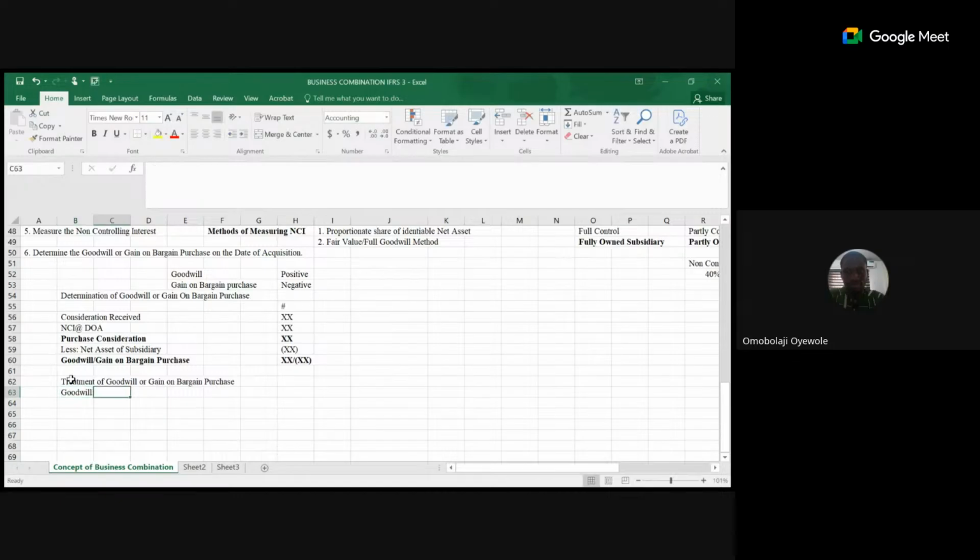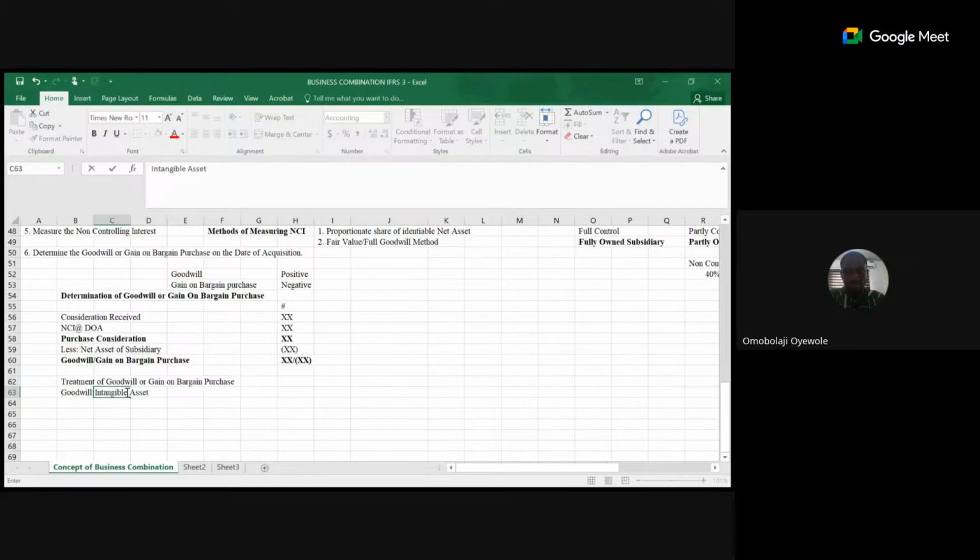How do you know it is a goodwill? You know it is a goodwill when after you have done your calculation here, what you have is positive. Maya, are you following? Yes. So if what you have here, this section where you have goodwill or gain on bargain, if it is positive, then it's a goodwill. So when it is a goodwill, it means an intangible asset.